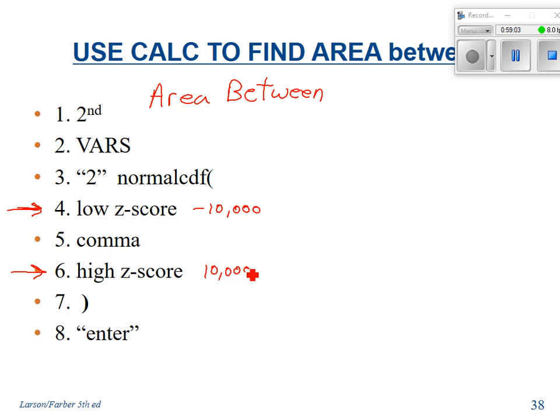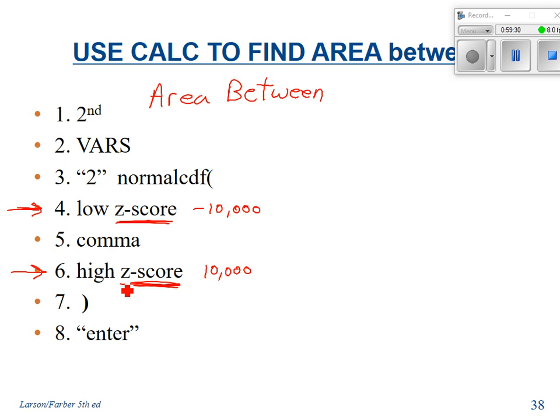So it's second bar's normal CDF, which is the second thing down on your calculator. You punch in the low number that you want, you punch in the high number that you want. Again, the bad thing with all of these is this only works this way if everything is changed into a z-score.